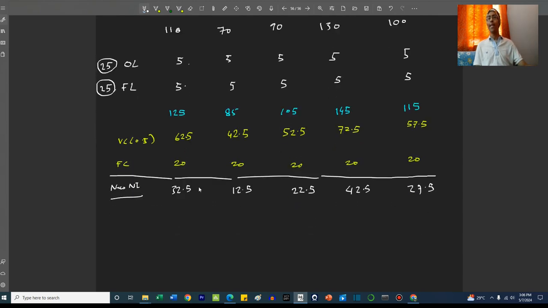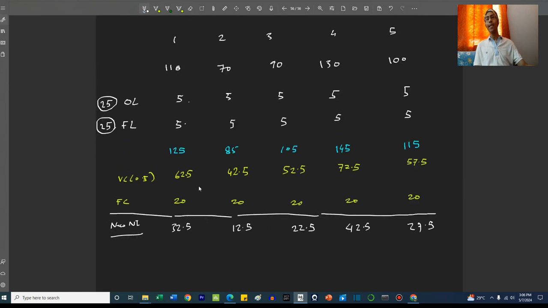What about the old net incomes? So old net income will be, for example, for time 1, 110 minus 62.5 minus 20. So old net income without the addition of the financial leverage and the operating leverage is 110 minus 62.5 minus 20, which is 27.5.